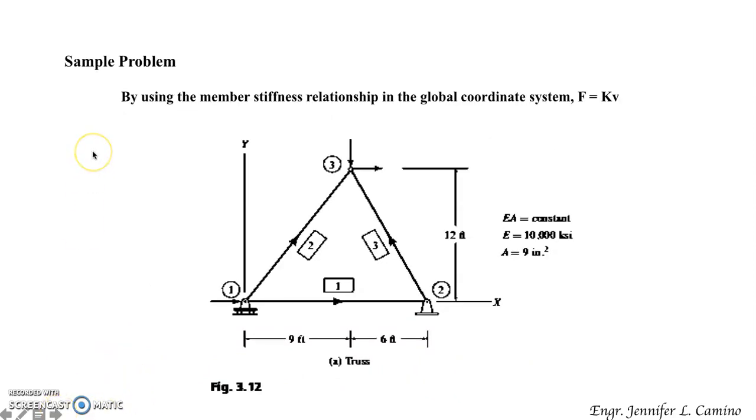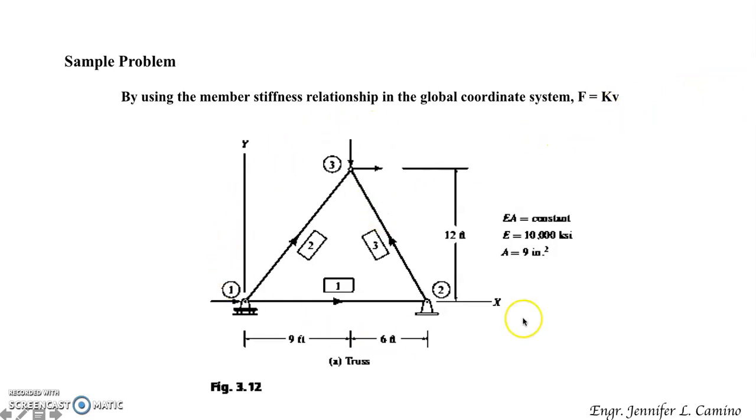So let us have an example problem. By using the member stiffness relation in the global coordinate system, this expression capital F is equal to capital K times V, or simply member end forces in the global coordinate system is equal to stiffness matrix in the global coordinate system multiplied to end displacement in the global coordinate system.